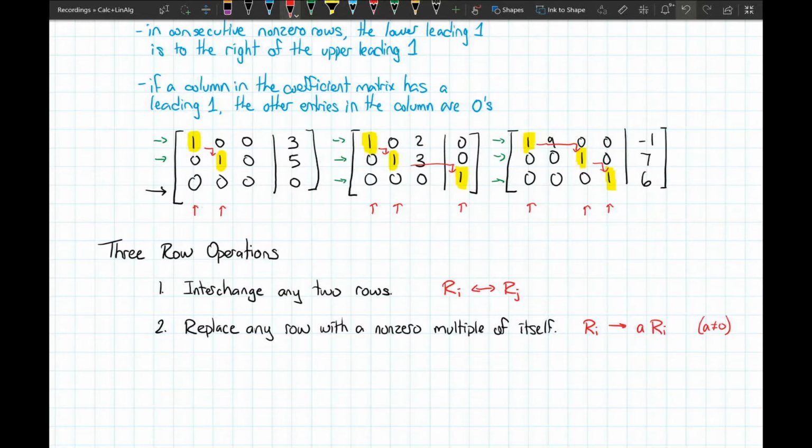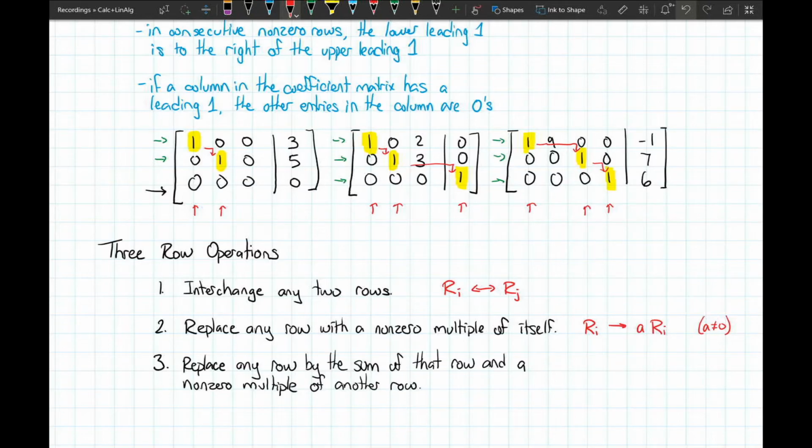Our third one is a little bit more complicated. It involves a little bit of multiplication and addition or subtracting. That's where we can combine two equations together and form a new equation, hopefully with the goal of eliminating a variable. And that is our third row operation. So in this case, we're going to take a row, take another row, add them together, and replace. While we're at it, we can add a multiple of another row.